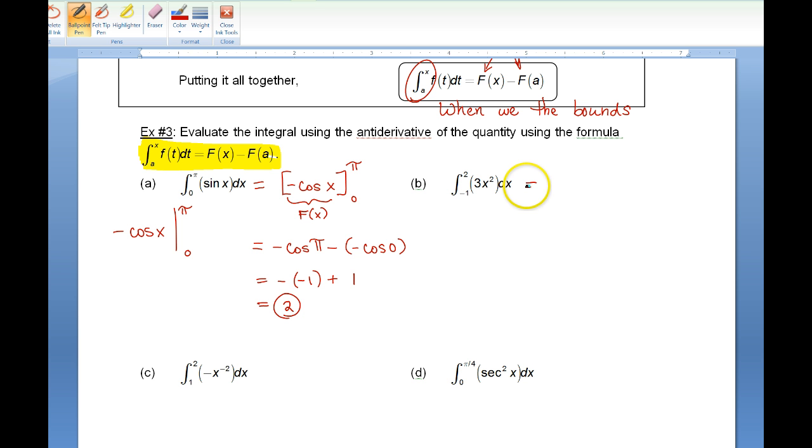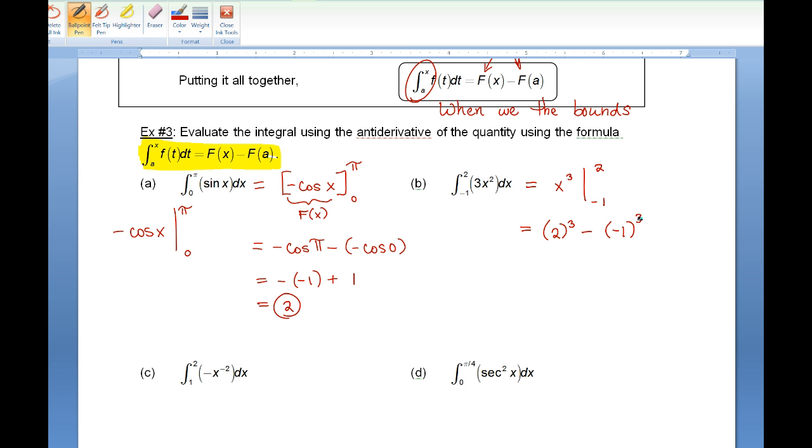Okay, how about 3x squared? What's the antiderivative? x cubed. It's going to be 3x to the third over 3, or just x cubed, evaluated from negative 1 to 2. So it's 2 cubed minus negative 1 cubed. We do the antiderivative, plug in the top number, plug in the bottom number, and subtract them.